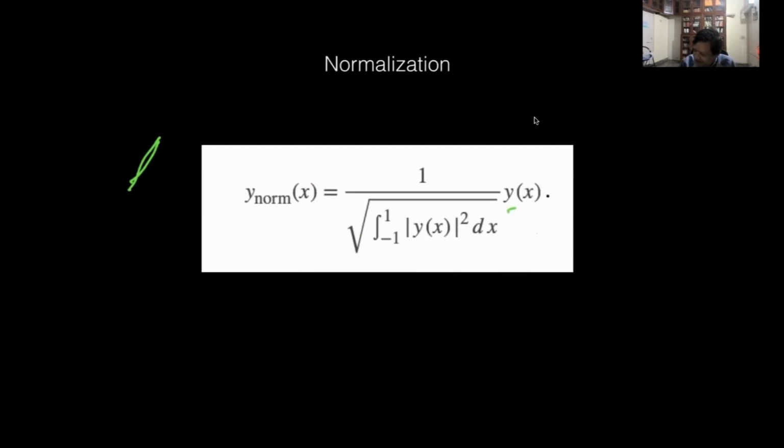We just take the computed value y(x) divided by the square root of the integral of y squared from -1 to 1, and this will normalize the wave function. You can easily check the integral of y norm squared dx. So it's easy to normalize, no problem. But what you get from computation is not guaranteed to be normalized. In general, it won't be normalized.